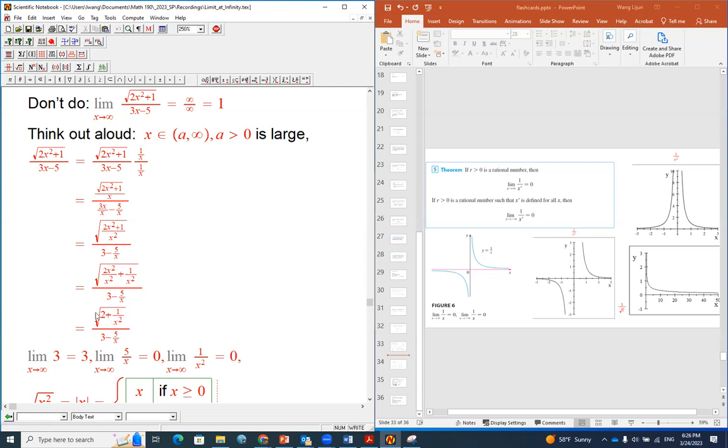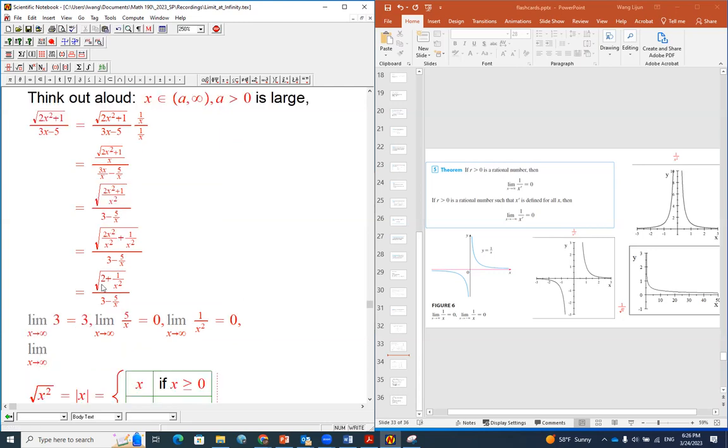And what else? When you take a limit, it goes across the square root. We have a composite function, and because the root function is continuous, we can take a limit across the root. So the limit of this piece would be the same as bringing the limit to the inside.